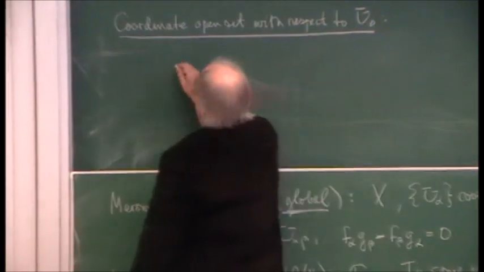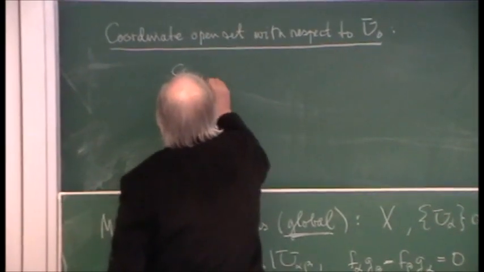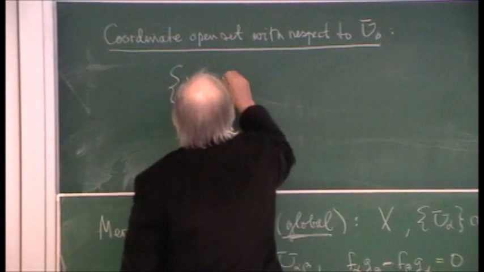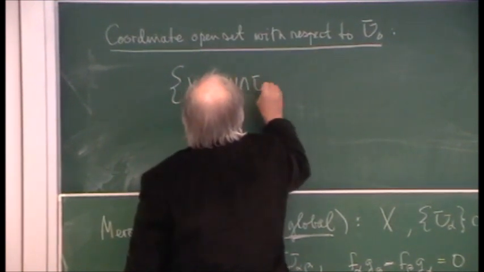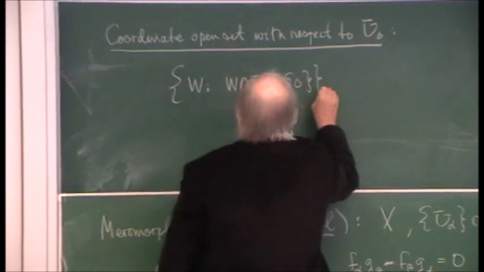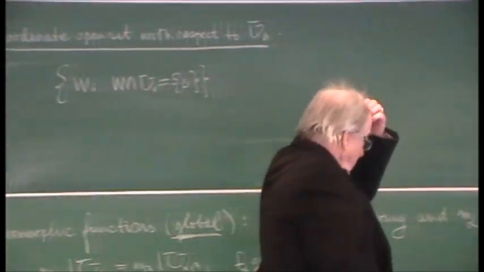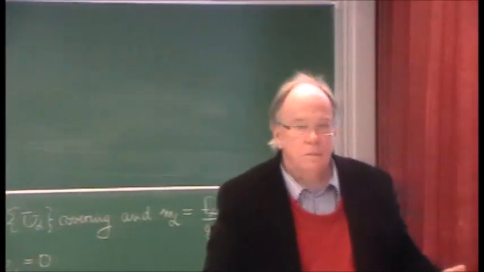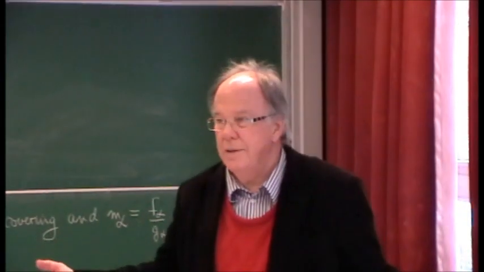Well, it's just the set of W so that W intersect U0 is 0. Isn't that a reasonable open set?